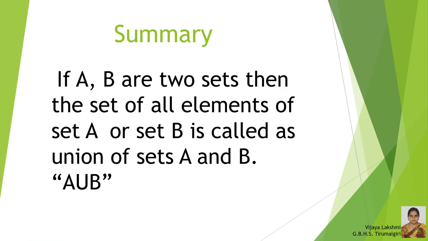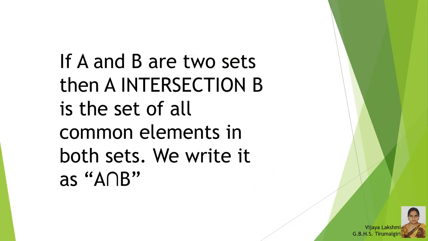So first one, if A, B are two sets, then the set of all elements of set A or set B is called the union of sets A and B and written as A union B. If A and B are two sets, then A intersection B is the set of all common elements in both sets.